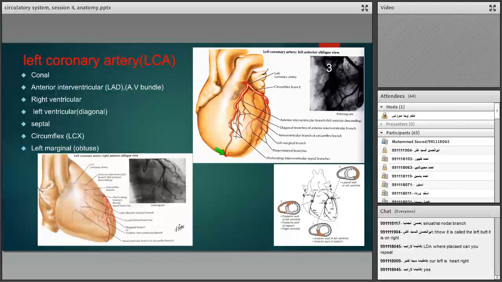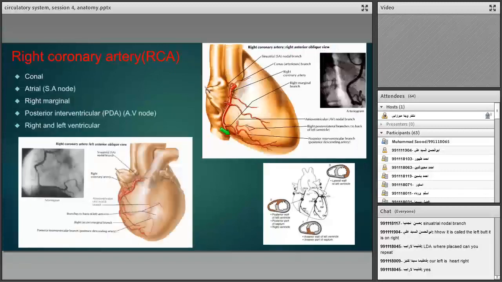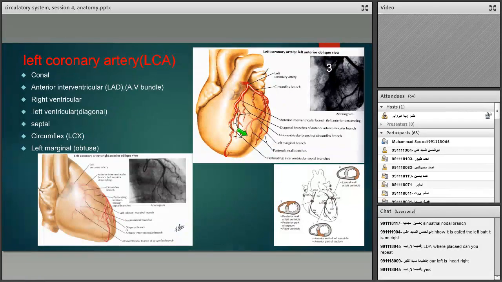The apical notch of the heart is placed near the apex, approximately 1 centimeter on the right side of the apex of the heart, and it is the place where the anterior interventricular and posterior interventricular branches are anastomosing with each other.